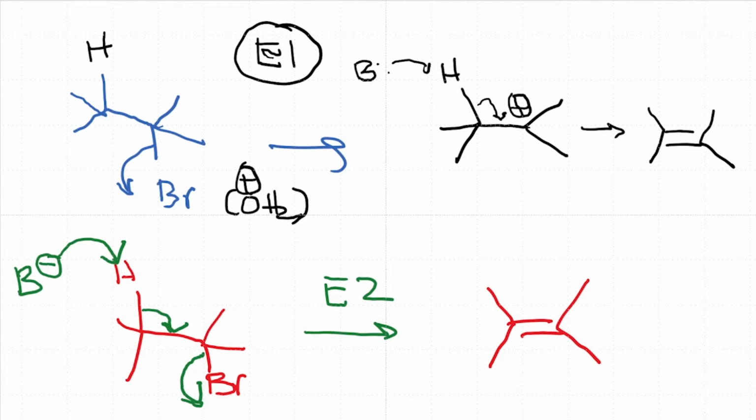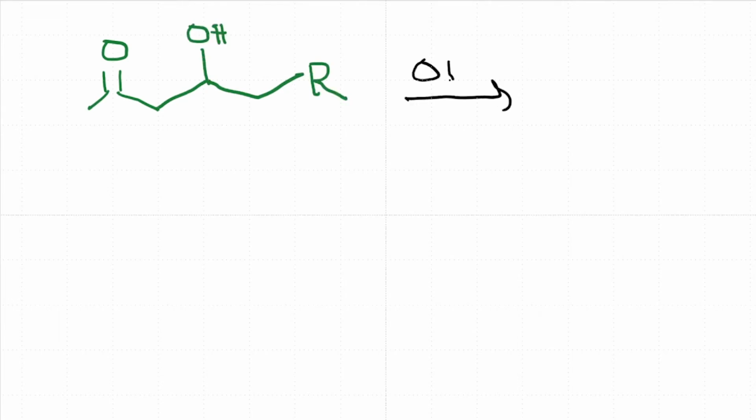Now what we'll look at is another important mechanism, and here is the reaction that we want to first understand. Here is a compound. I'm just going to call this R, and when this is exposed to hydroxide ion, the product that is formed is this.